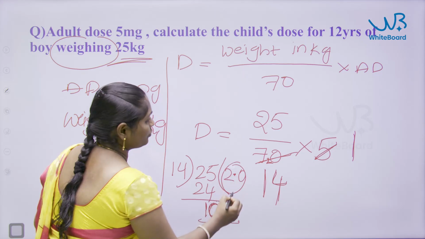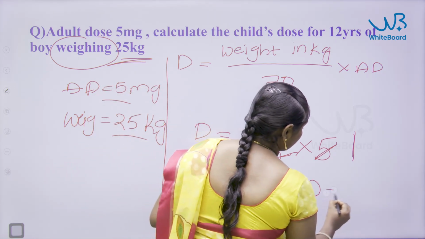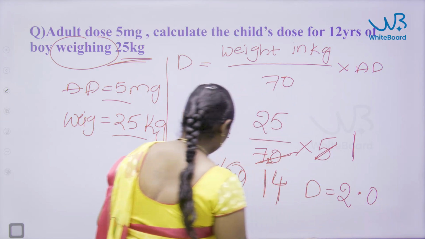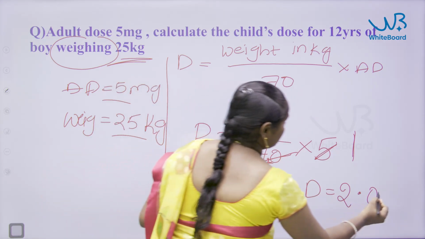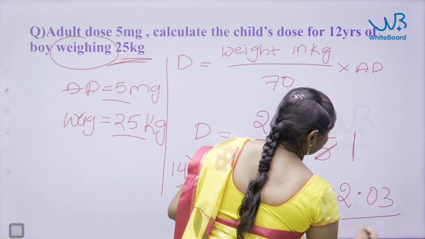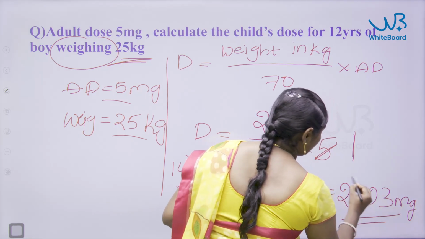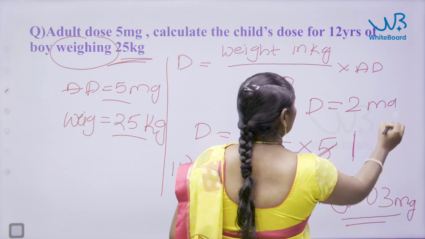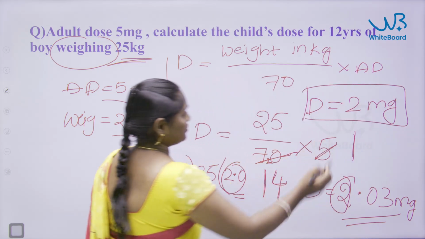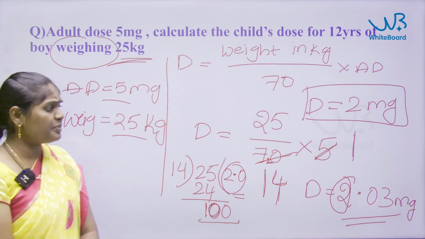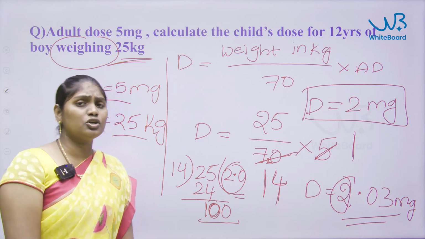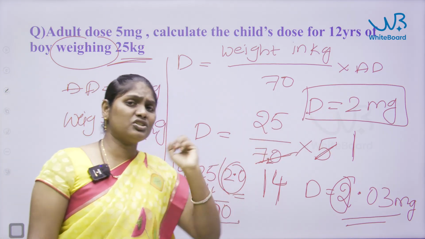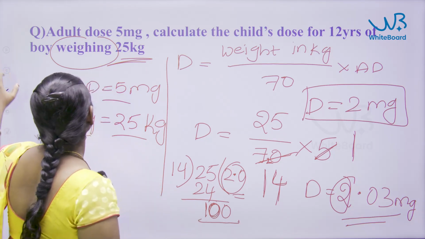So the dose is 2.03 like that. Approximately it is 2, so you can write the dose calculated is approximately 2 mg.